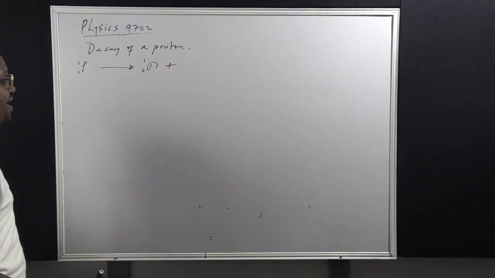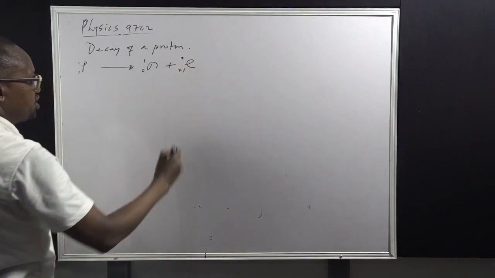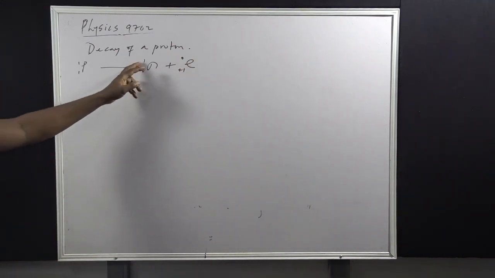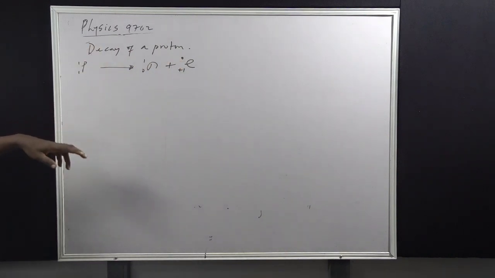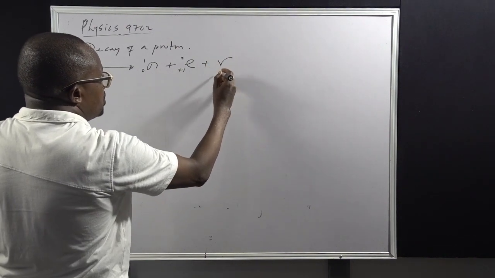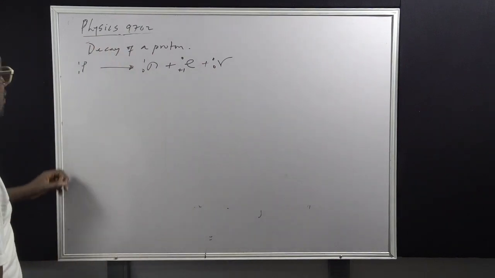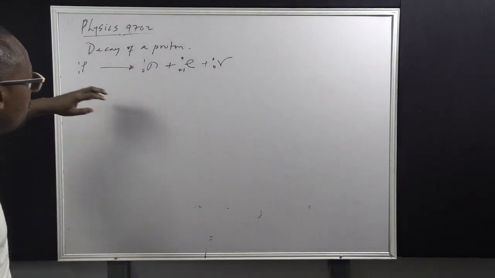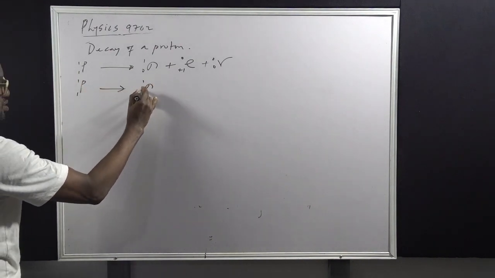In order to balance this, you will need a positron, so that you balance the nucleon number. 1 plus 0 is 1, 0 plus 1 is 1. And whenever a positron is produced, a neutrino is also produced.